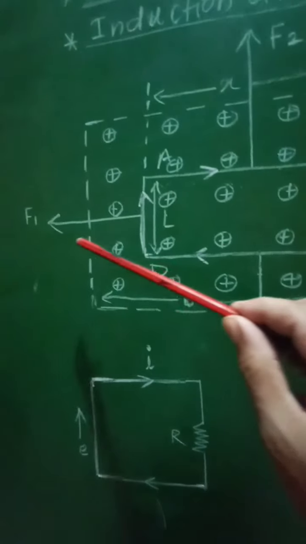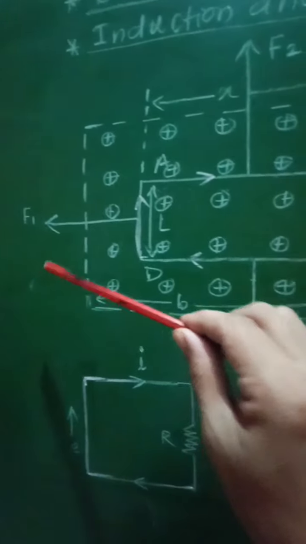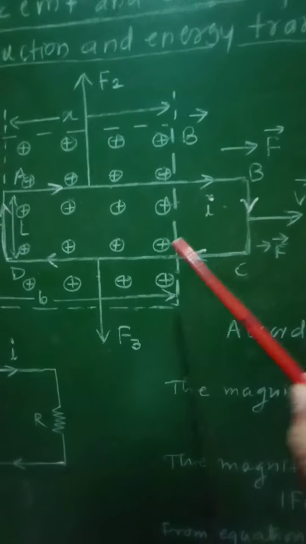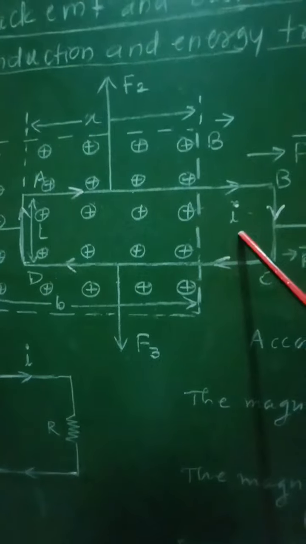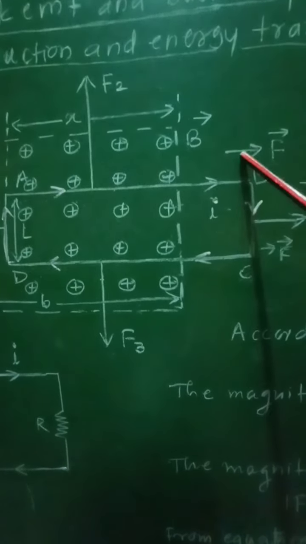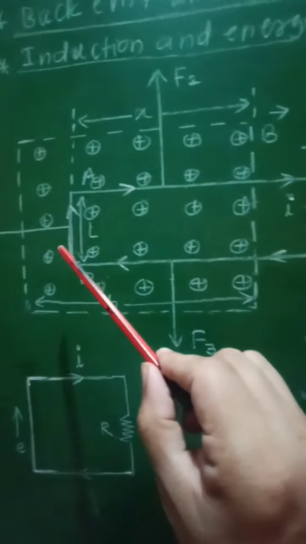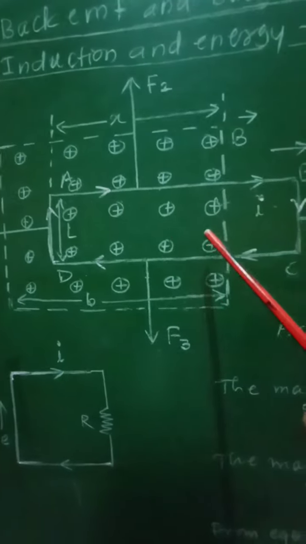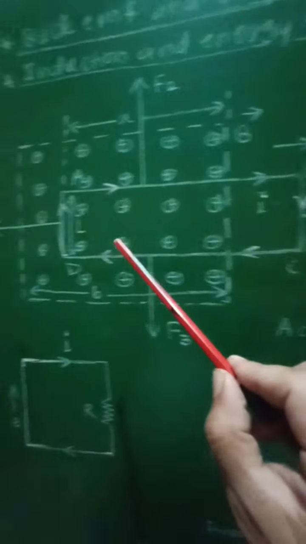The magnetic force is directed towards left, and therefore it will oppose the motion of this coil towards right. So in order to displace that coil towards right, some external force F, which will be opposite to the direction of force F1, and in magnitude slightly greater than F1, must be applied.